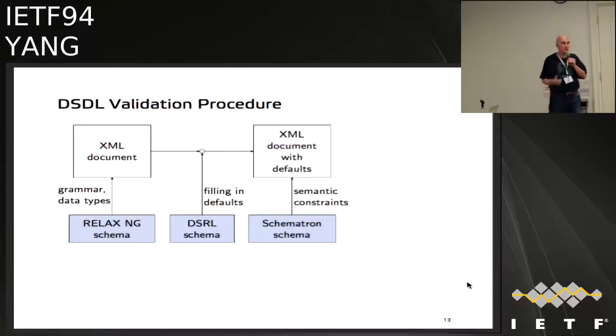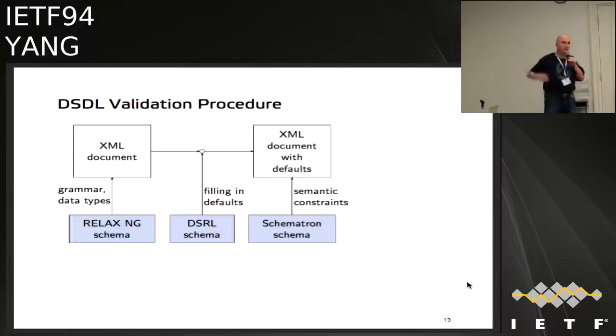So in effect, this covers all validity constraints that can be expressed in YANG, with some very minor exceptions that I will not discuss here. So that's also the reason why it was not actually possible to use XML schema, because XML schema could only cover the first part on the left, and there is no official way.